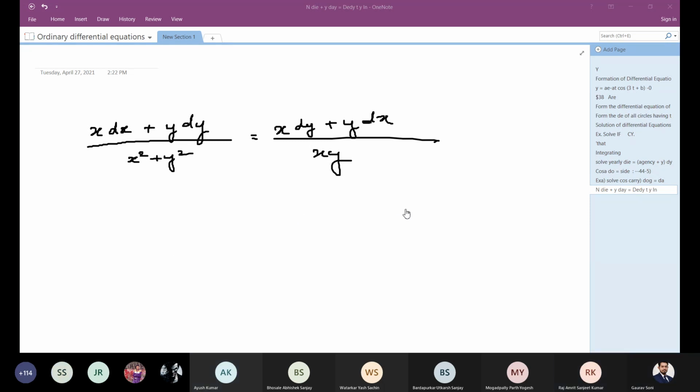Ayush, as you have observed, the numerator is the derivative of x square plus y square, and on the right hand side you have the derivative of xy. So can we substitute x plus y equals u square?